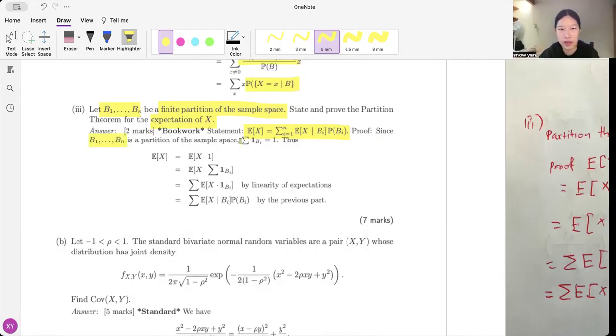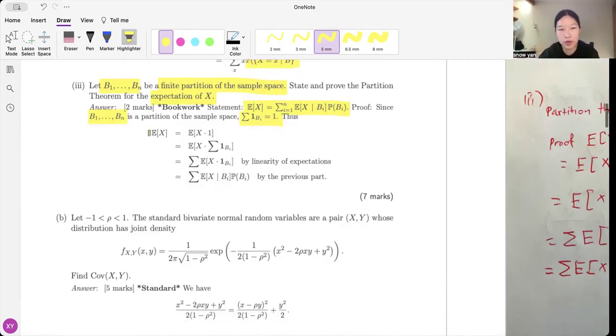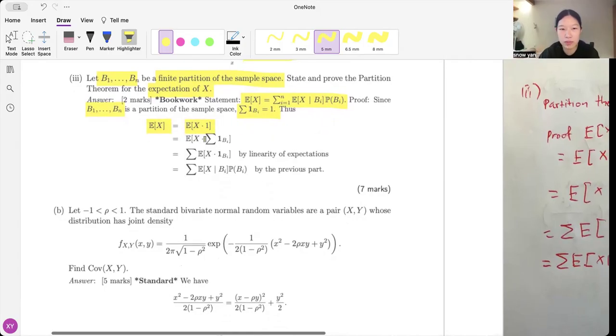And the proof of this is that we know that B1 to Bn is a partition of the sample space, so the sum of their indicators should equal 1, right? Obviously. Hence, E of X is equal to E of X times 1, that's the whole thing. And then we can split that 1 into the whole partition. By linearity of expectation, we can move the sigma outside of the expected value.